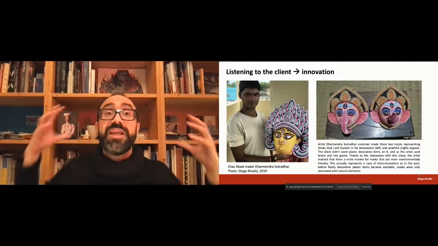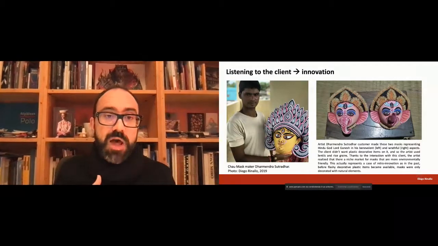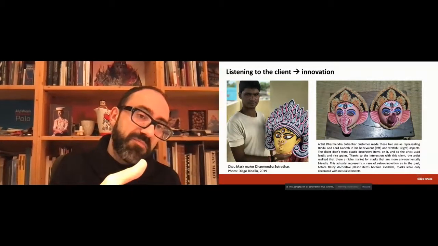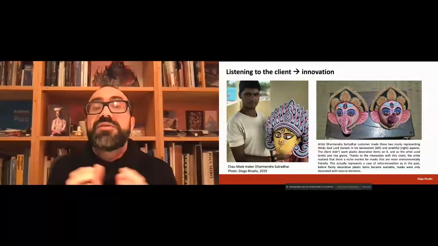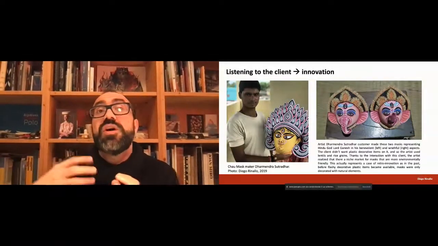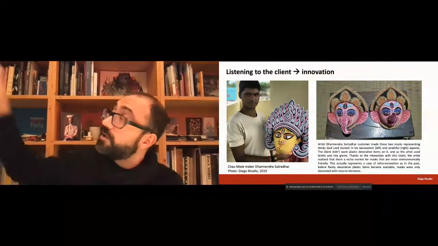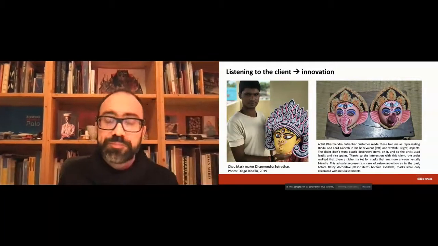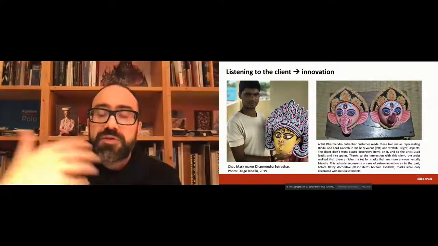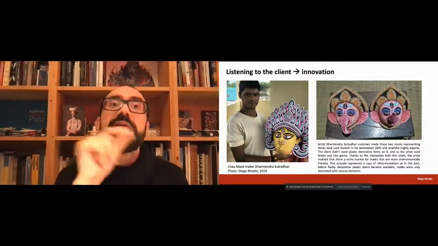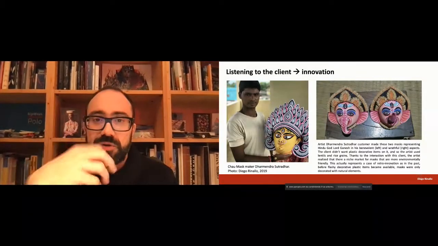Chhau dance is again an Indian tradition, and these are the big masks that are made for dancers, but smaller masks eventually started being produced as diversified products, as home decor objects to be hung on walls in the house. So one day, this artist met a customer who didn't like flashy decorative items on the masks.